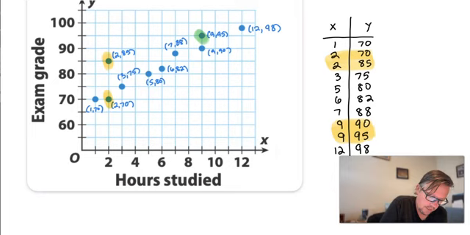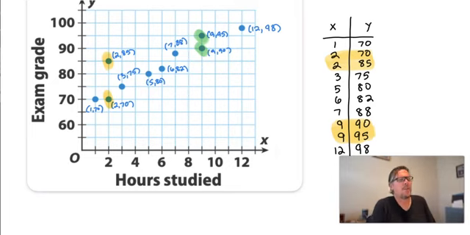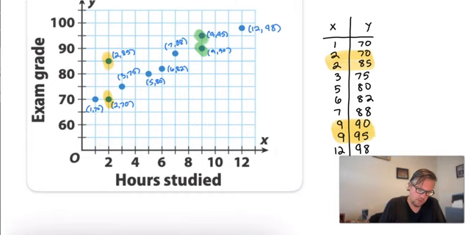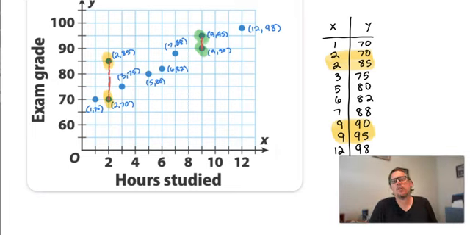Here's the 9's. And what do we notice about those points? Well, what I notice is that they're one on top of the other. These coordinates are right above each other. And in fact, that is how you can tell from a graph if something is a function or not: if the points are stacked vertically, one on top of the other.